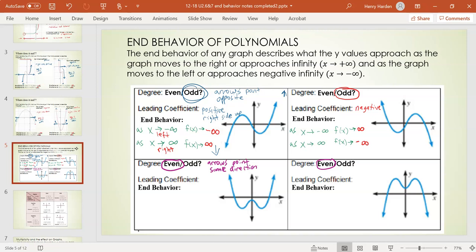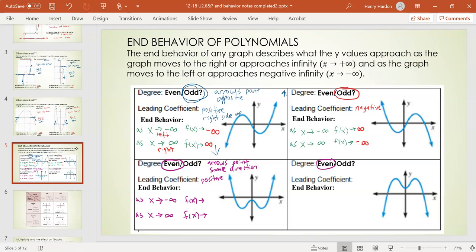Okay, and so the leading coefficient in this case is positive because you look at the right side and it's up. The end behavior, so as x approaches negative infinity on the left, as it approaches positive infinity on the right, f of x approaches something.